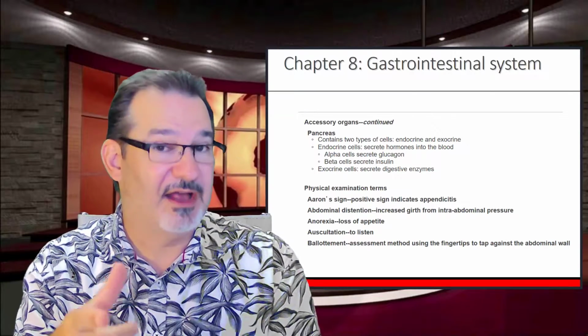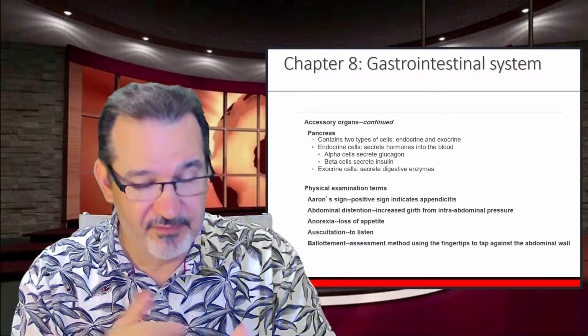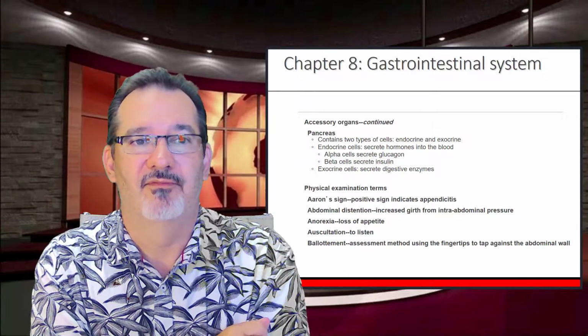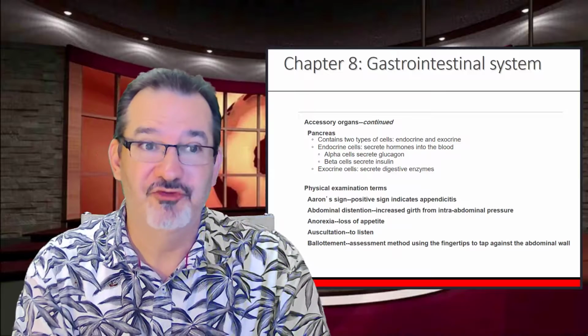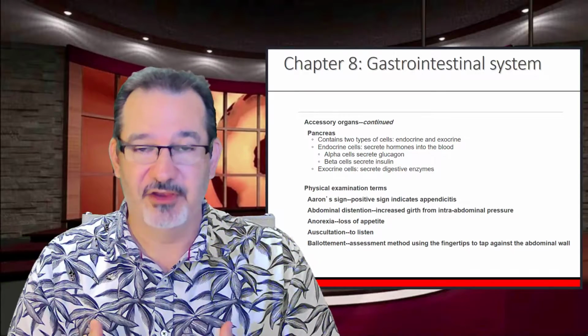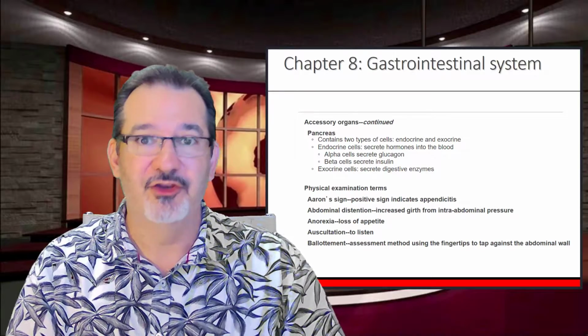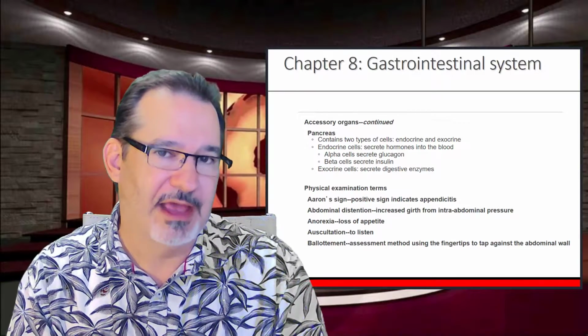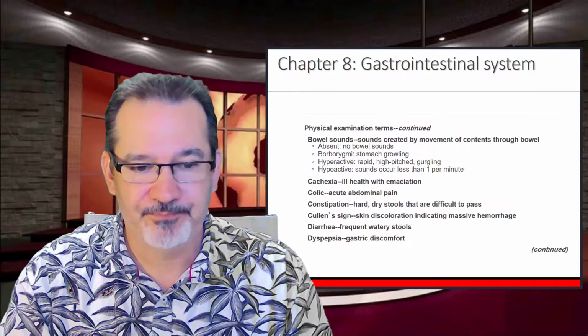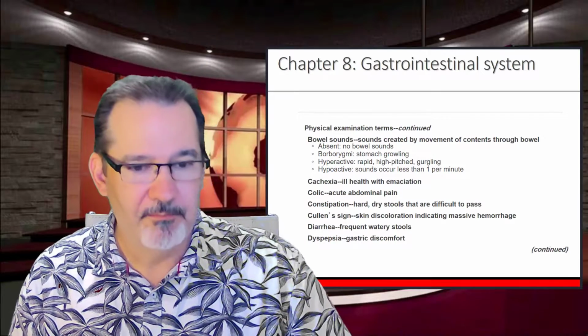anorexia, loss of appetite, auscultation, that sense of hearing. Typically we auscultate GI sounds, gastrointestinal sounds, with a stethoscope, okay? So a doctor can put a stethoscope on you to actually listen to the sounds of your bowels, okay?